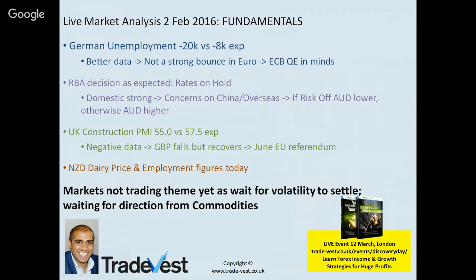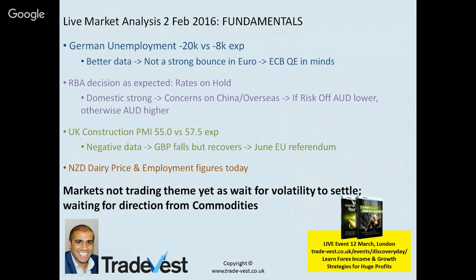Okay, so generally what we're going to find with the Australian dollar is that if we have risk-off sentiment, so if we have stocks falling and things like that, then I think we're going to see Aussie grind lower. However, if we don't have the risk-off environment, which could be pretty close now, and there's no real reason for the markets to continue sliding now that all the fear and panic has settled, so we could see Aussie grind a little bit higher, and that could just be in line with the seasonals of March and April, which we'll have a look at in a moment.